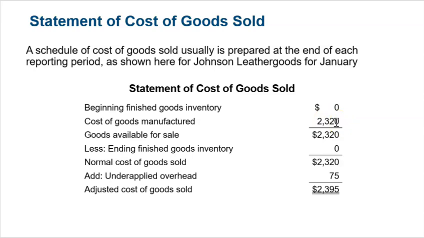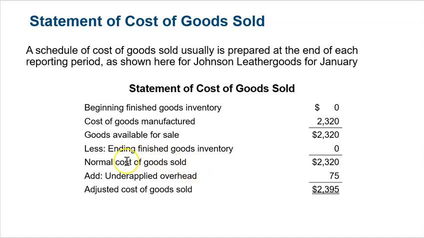We are making the assumption, and it may have told us this somewhere, but let's say that we actually did sell those backpacks. In other words, as soon as we were done with the manufacturing of those 20 backpacks, they were sold immediately. Well, on that assumption, we would have our cost of goods manufactured for the backpacks of $2,320. That also happens to be our goods available for sale because we had no beginning finished goods inventory.